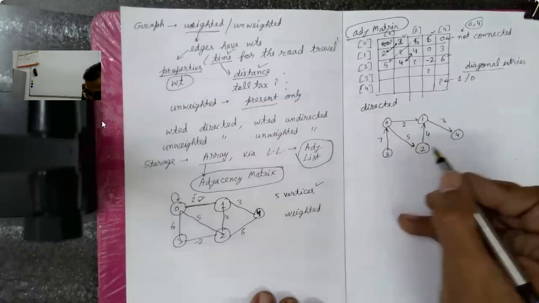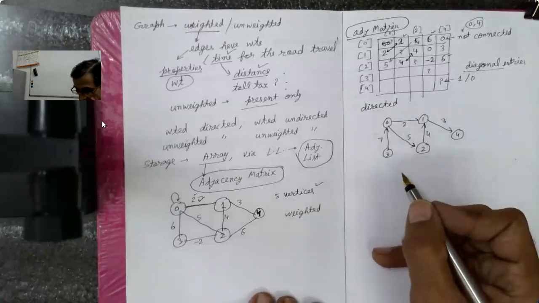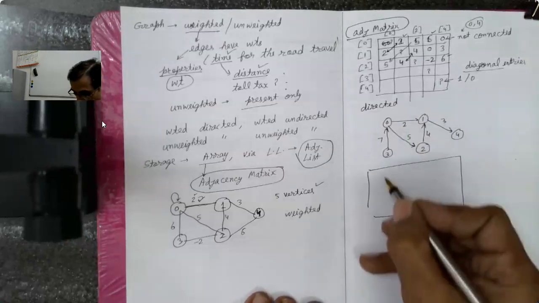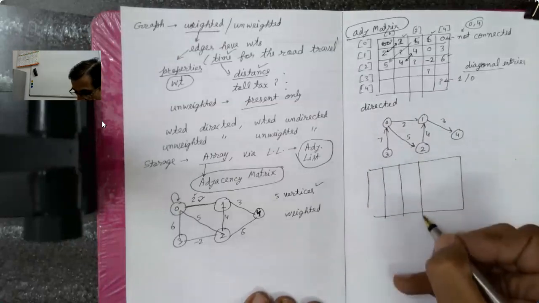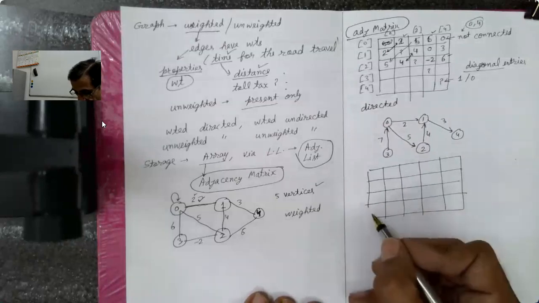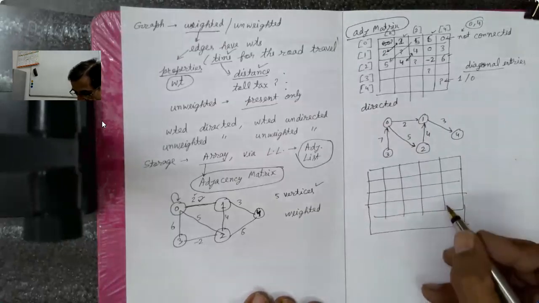For example, there could be no more connectivity. Then I will have entries for the corresponding direction only. For the other direction, nothing will be stored. It will be 0 because there is no connectivity.